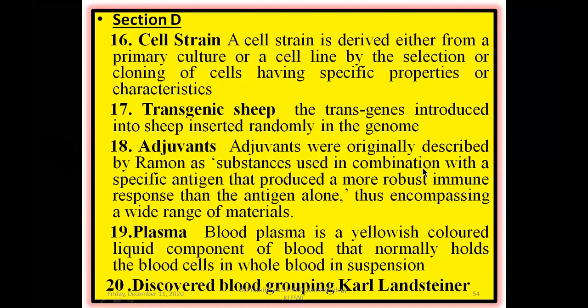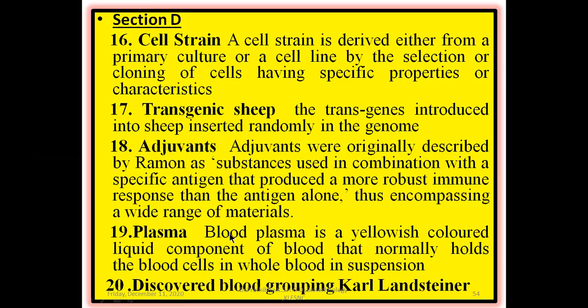Adjuvants were originally described by Ramon as substances used in combination with a specific antigen that produce a more robust immune response than the antigen alone, thus encompassing a wide range of materials. The adjuvant enhances the immune response along with the antigens.